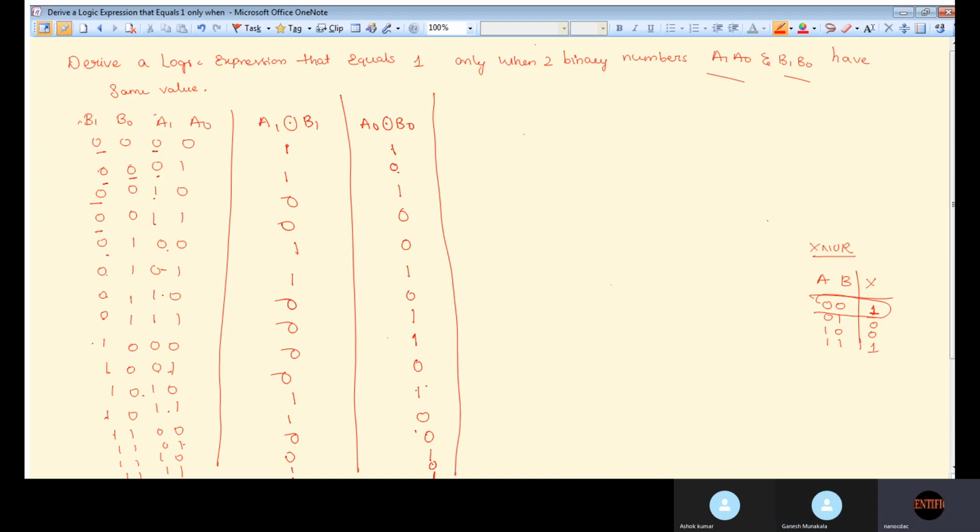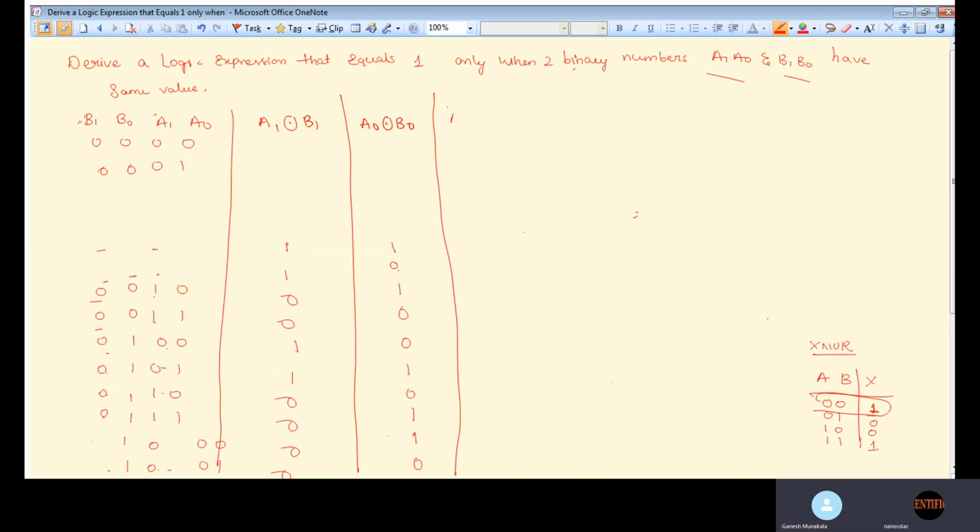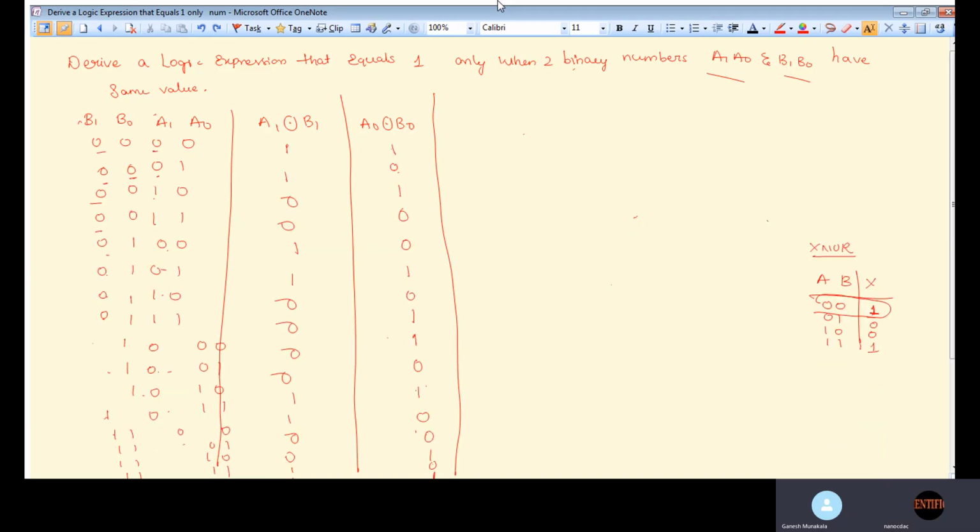A1 XNOR B1, and A0 XNOR B0. Now what you need to do is multiply these two. If you multiply them, what do you get?